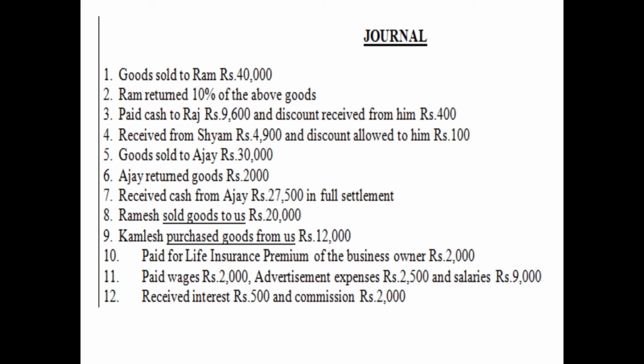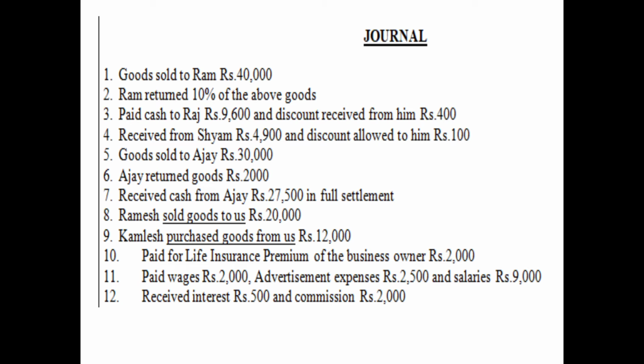So we can pass a combined entry as wages account debited 2000, advertisement expense account debited 2500, salaries account debited 9000, to cash account, whatever the net balance will be, the total of this, that is 13,500.